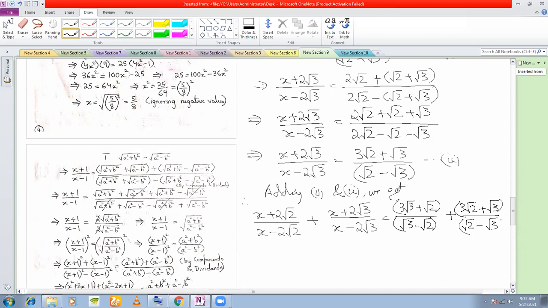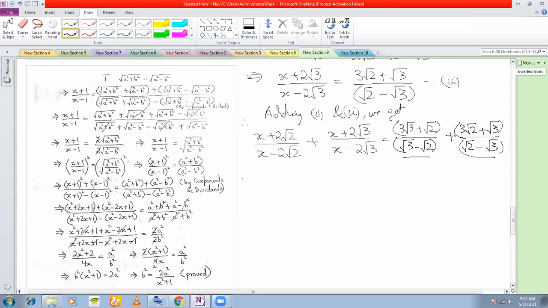Now you see here that the denominator here and the denominator here simply have opposite signs. So what you do here is, from the second denominator, you can take a minus out. 3 root 3 plus root 2 divided by root 3 minus root 2 you have. Keep this as it is. And there's a plus sign, 3 root 2 plus root 3 divided by, now you take a minus sign out, so minus root 3 minus root 2.